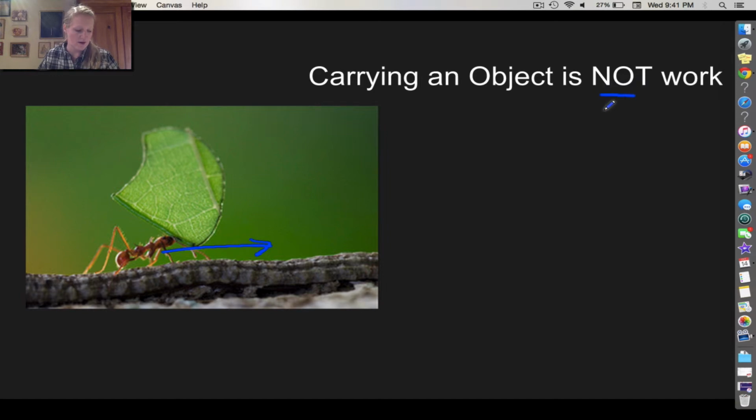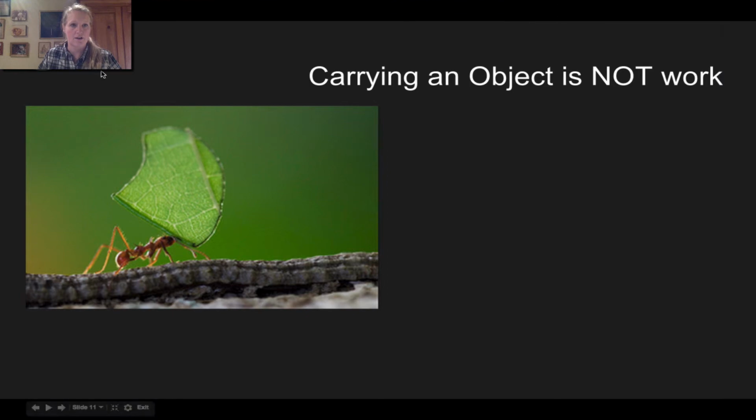When you are carrying an object, it is not work because the force that was used and is being used is holding the object up against gravity, if you will. But the motion is not the same, and so it does not qualify as work. Just a little detail there.